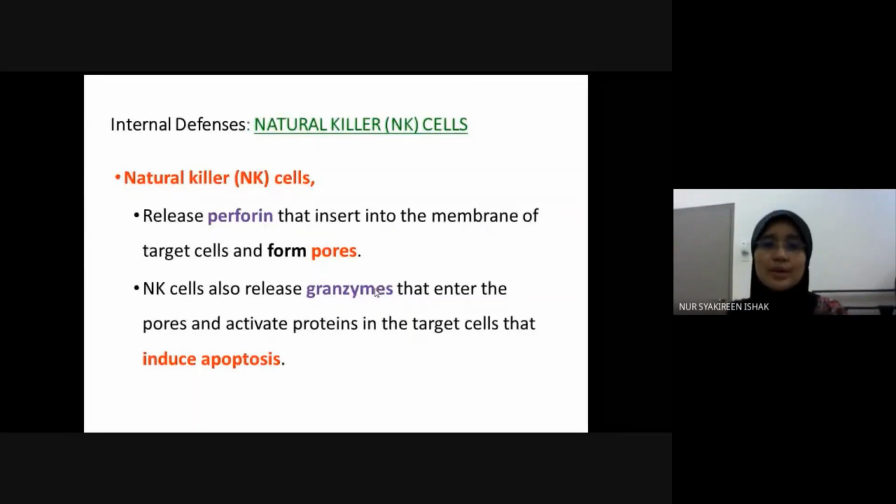The granzyme enters the pores and activates proteins in the target cells that induce apoptosis. Kalau awak baca buku Campbell, salah satu lagi mekanisme macam mana granzyme ni masuk dalam sel adalah melalui endocytosis. So dia ada dua cara, melalui pores produced by perforin, satu lagi adalah melalui endocytosis.